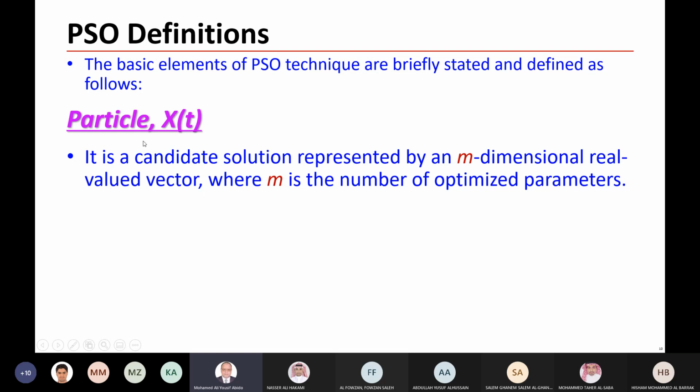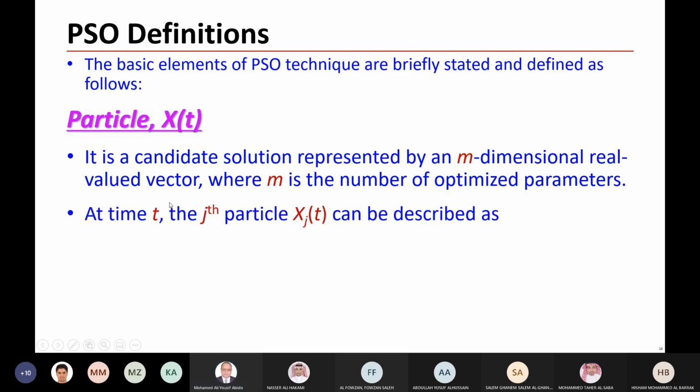Nothing new here. It is the same as differential evolution and others. A particle is simply a solution. At each time t, the particle j can be expressed as x_j equal to parameter 1, parameter 2, parameter 3, up to parameter m. So this is the particle.